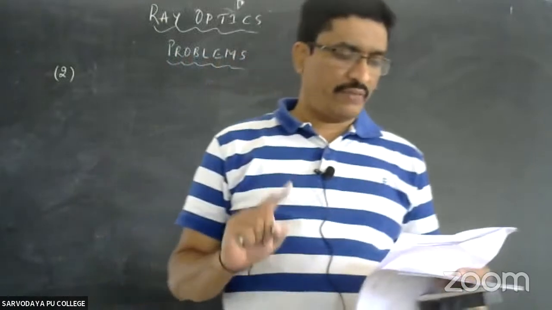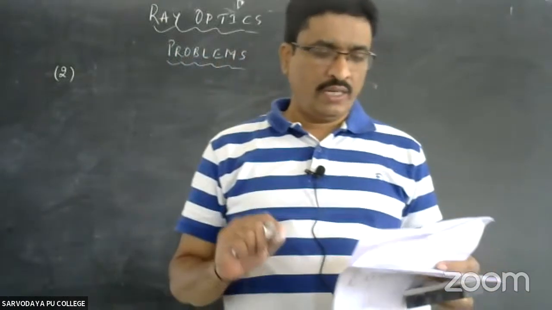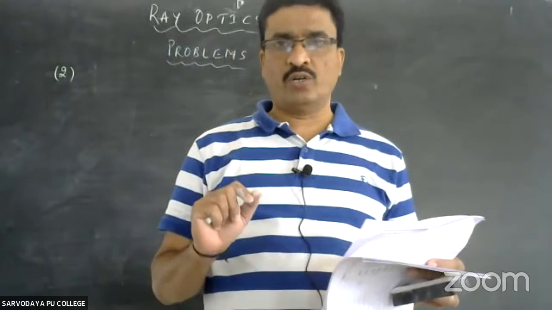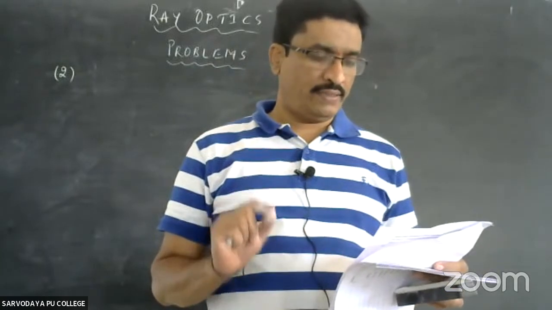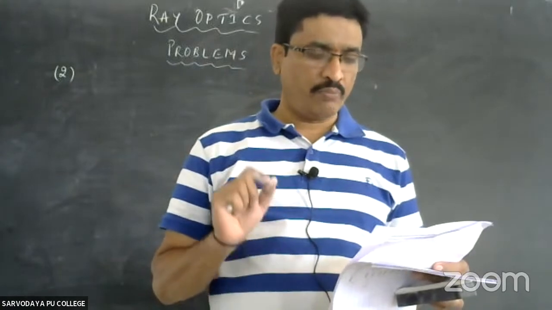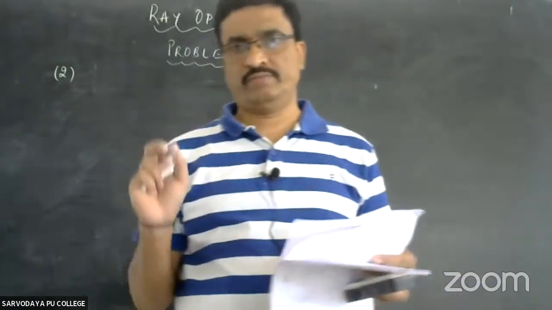What is the area of the surface of water through which light from the bulb can emerge out? Refractive index of water is 1.33. Consider the bulb to be a point source.